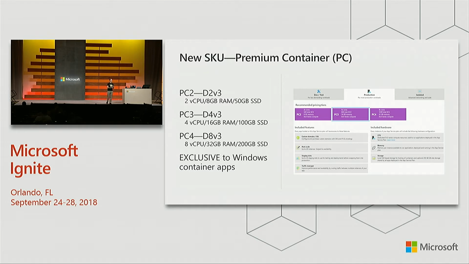Use Traffic Manager to distribute workloads. Your CPUs, the instance of the SKU, is dedicated for you. So nobody else will be running workloads on those individual machines. They're dedicated for you. The memory per instance, you can see it up front. That's to be split across all of your containers.